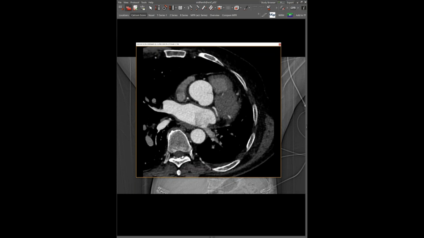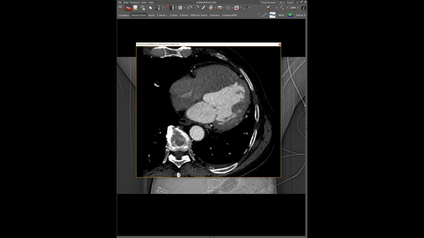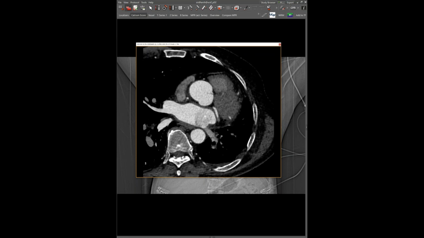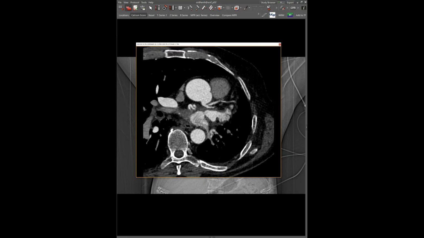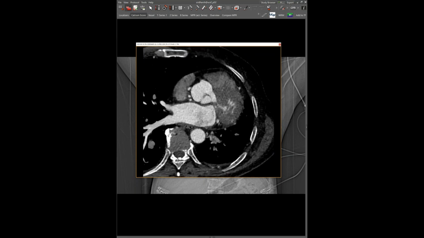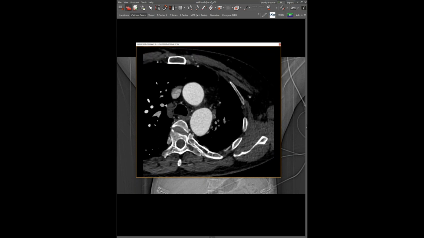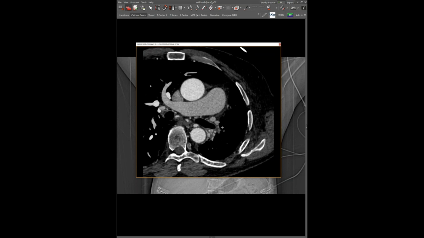And then, of course, he has poor inflow to the left lung, so his outflow is also not that great. We have some contrast mixing here in the left atrium. Just thought this was a pretty interesting case, not something we see every day on coronary CTA for angina. So, nice case.